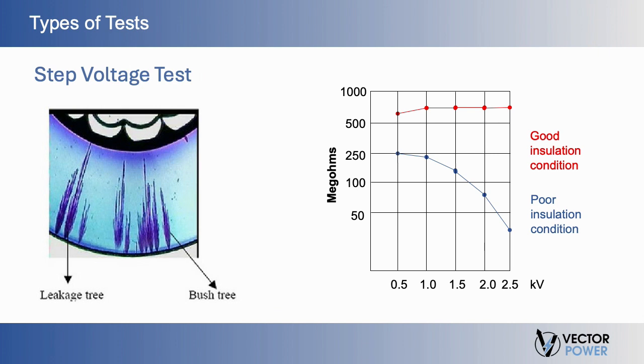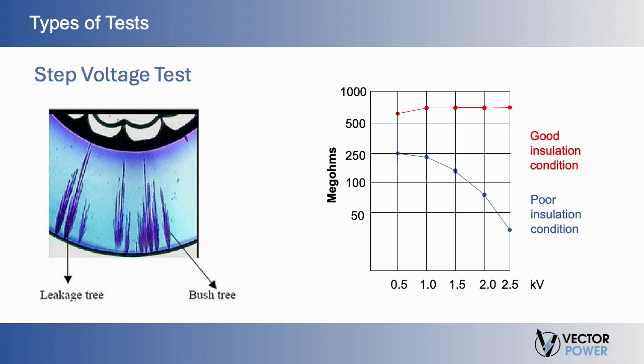The next test that we're going to look at is the step voltage test. Since good insulation is resistive, an increase in test voltage will lead to a rise in current because the resistance remains constant. Any deviation from this could signify defective insulation.